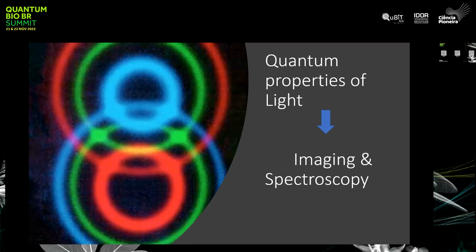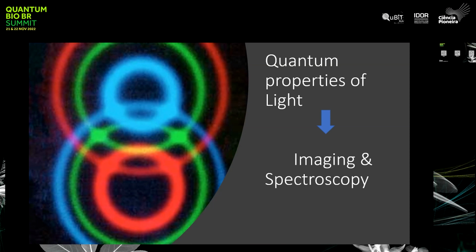So, going from spins to photons, which is what I actually work with. The idea is to use the quantum properties of light to do imaging and spectroscopy. Of course, everything is quantum, so in a sense, biology is quantum biology.